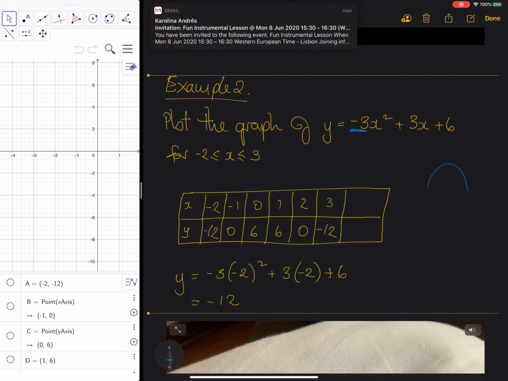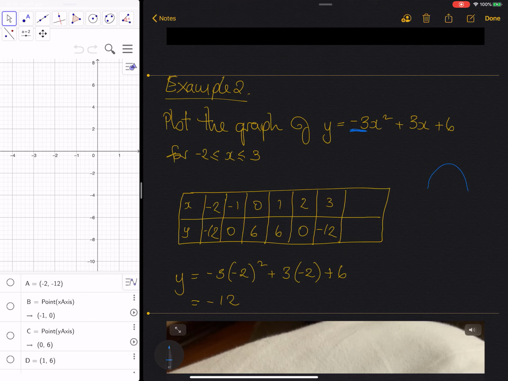So here we go. So we have our quadratic and we need to substitute in the values. So starting with x is equal to minus 2. So we'd have y is equal to minus 3 brackets, because remember our brackets go around our variable, and our values for x would be substituted inside these brackets.